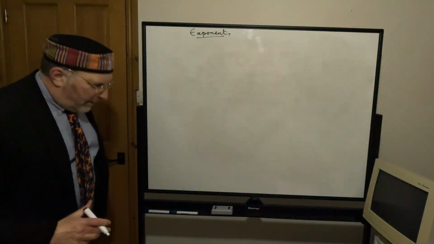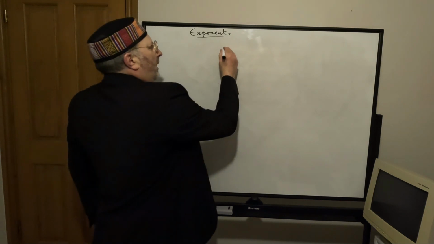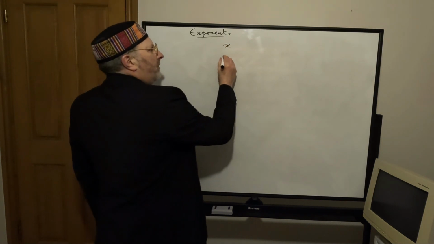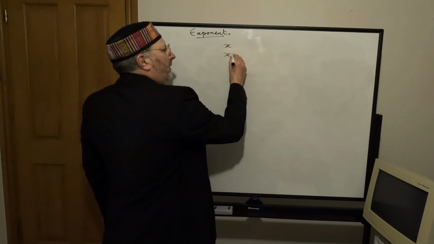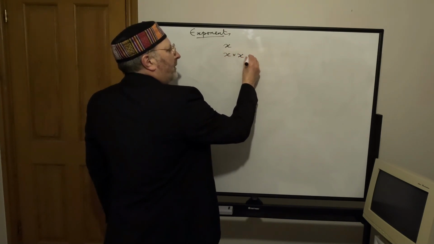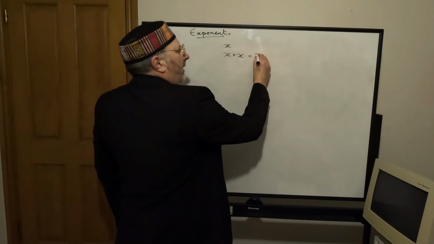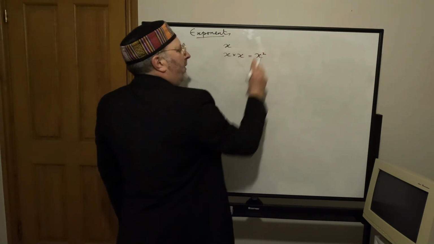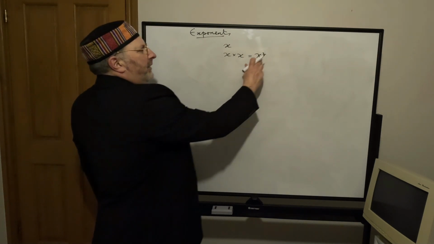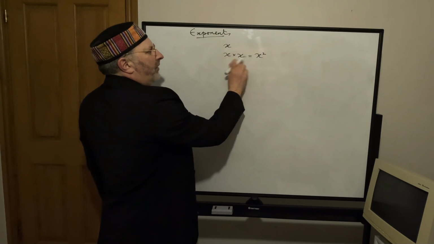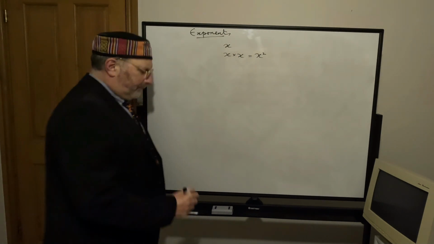So exponents. Let's take a variable x, and we might be interested in what happens when we've got x multiplied by x. We can write that as x to the power of 2. This just means we multiply x by itself twice. So we've got x times x. There are 2 x's.